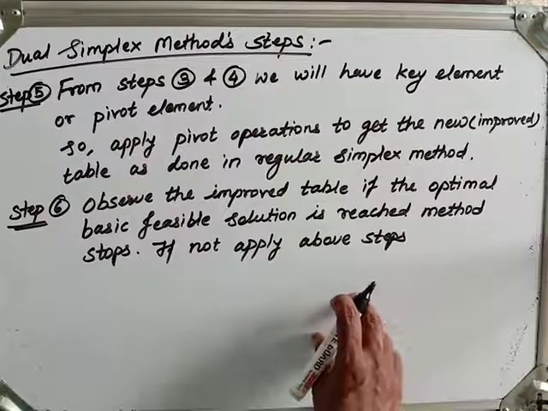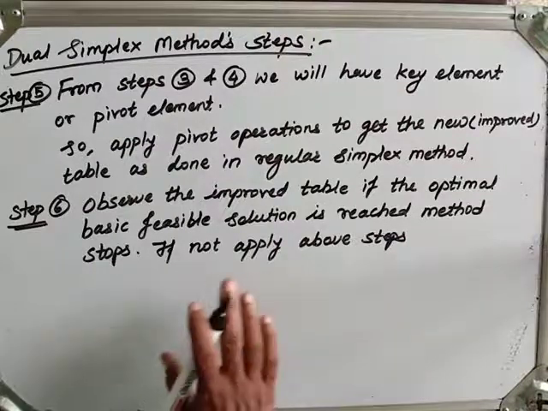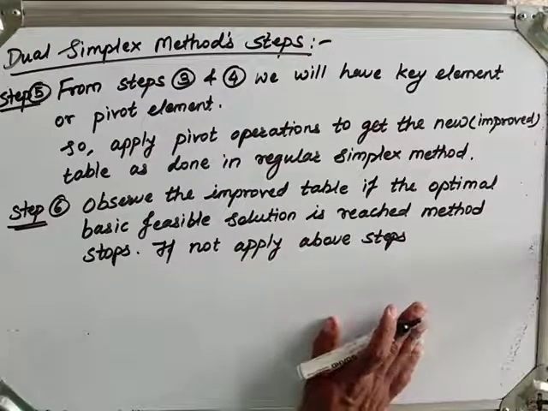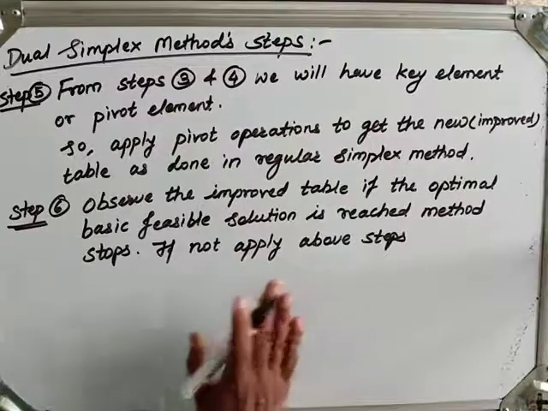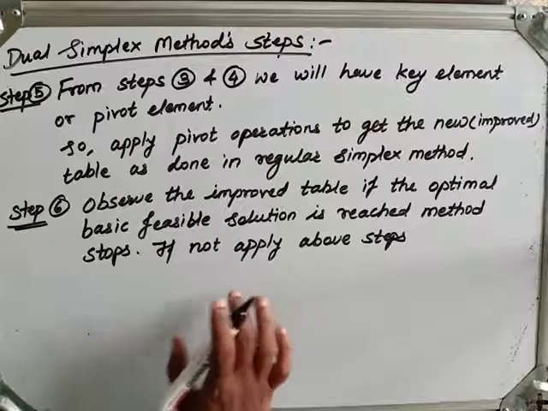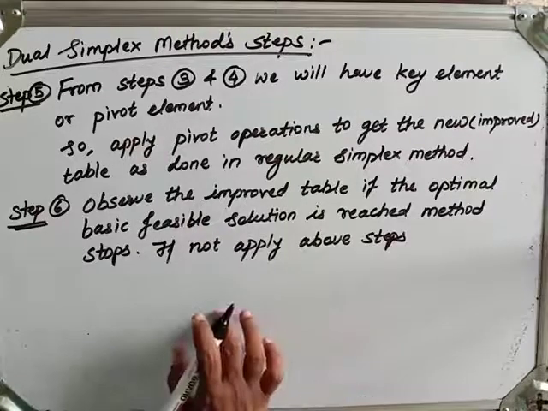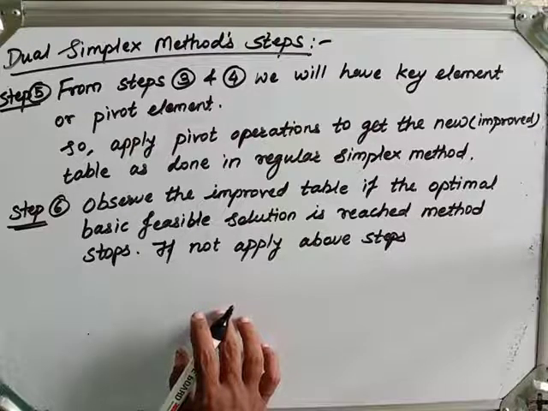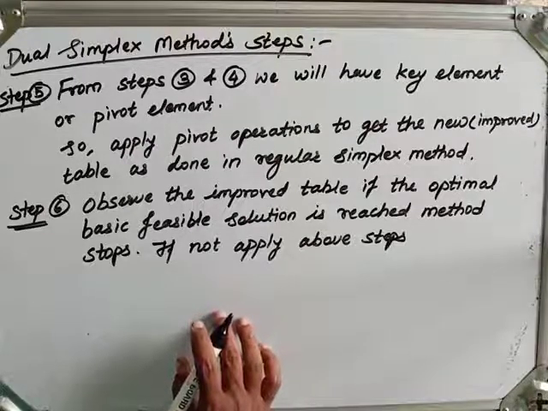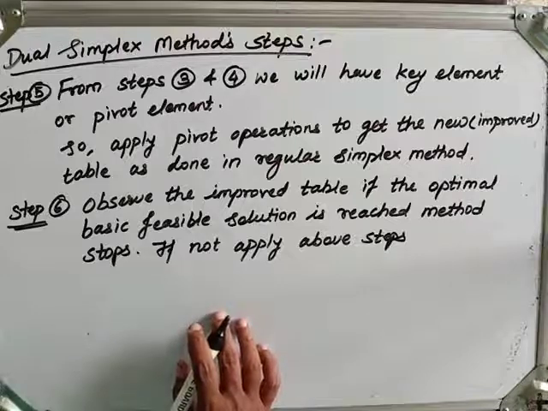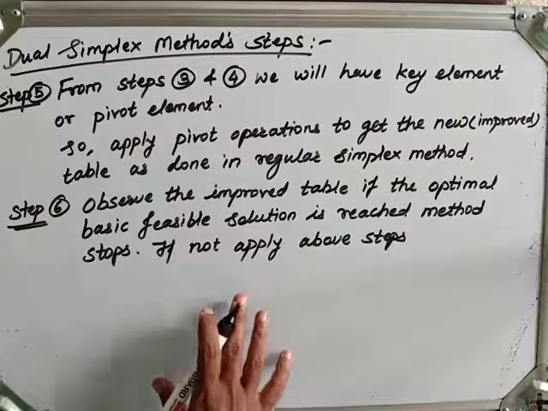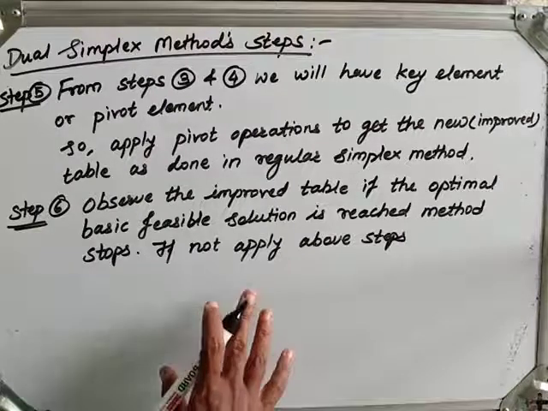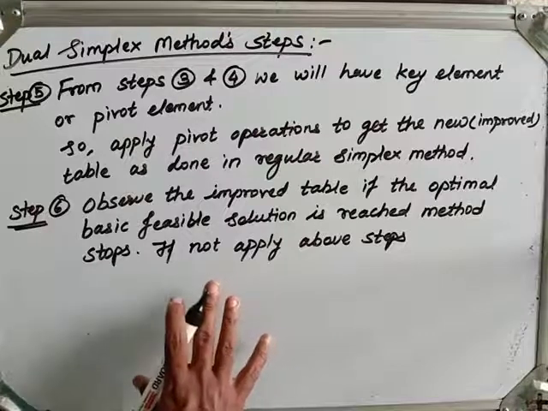If all elements in the pivot row are positive, the problem doesn't have a feasible solution. But if at least one element is negative, we go for the ratio del j upon Aij. The smallest positive ratio gives the pivot column.